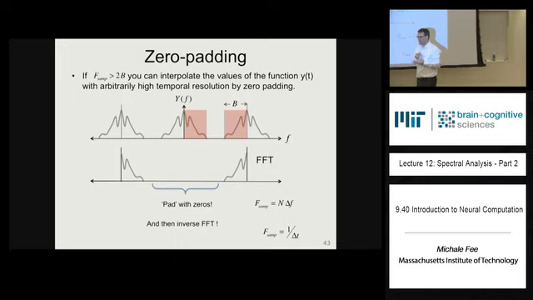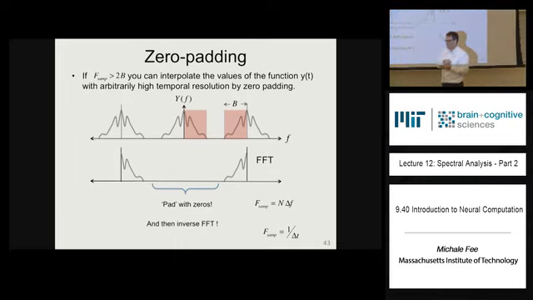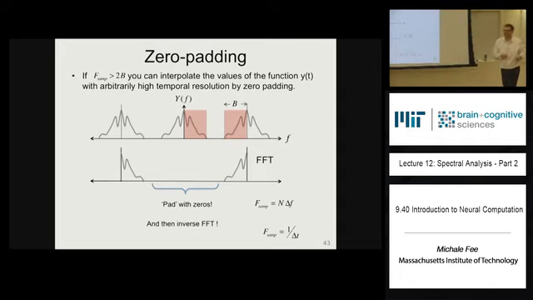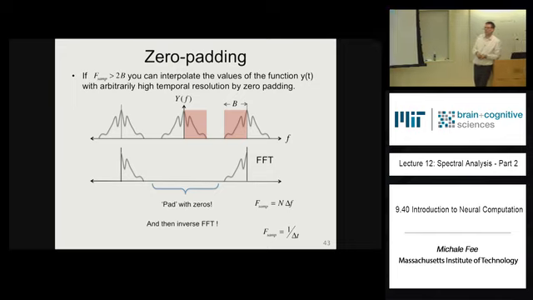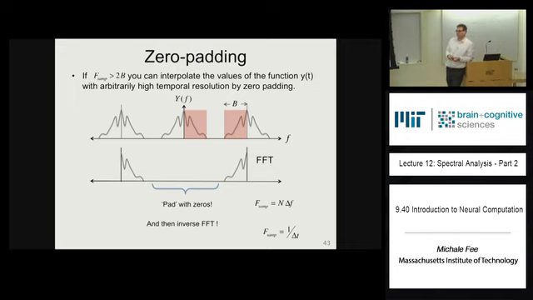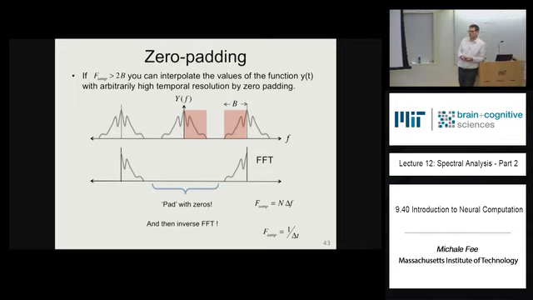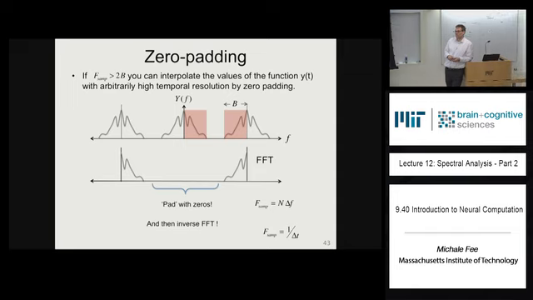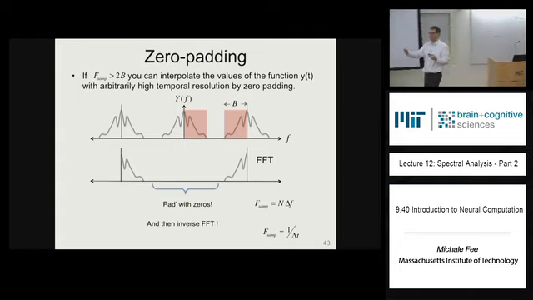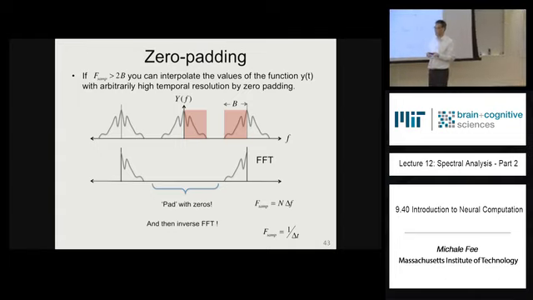Yes? How do you know the bandwidth of the original signal if you only have samples? Good question. How might you do that? You try different sampling rates and see if it matches up. You could do that. So for nearly all applications, you have a pretty good sense of what frequencies you're interested in in a signal.